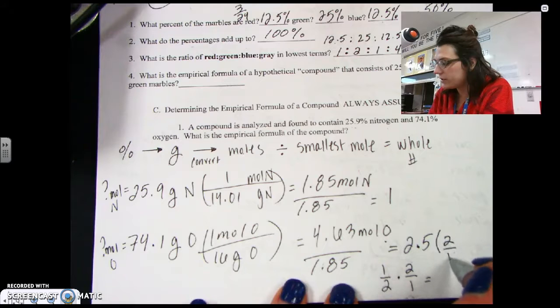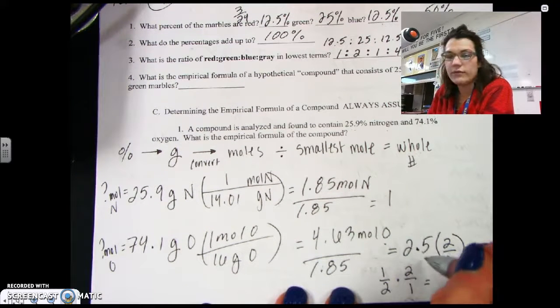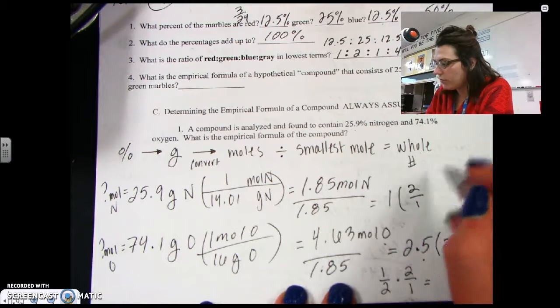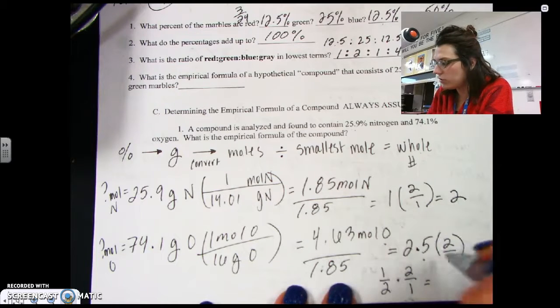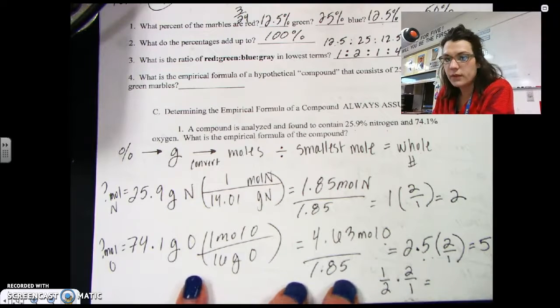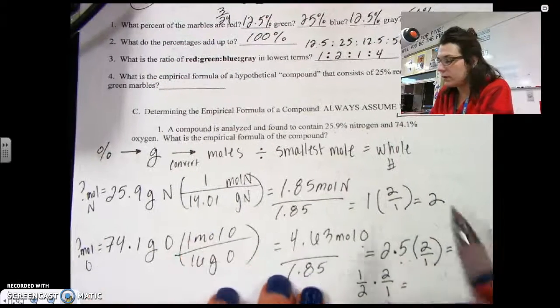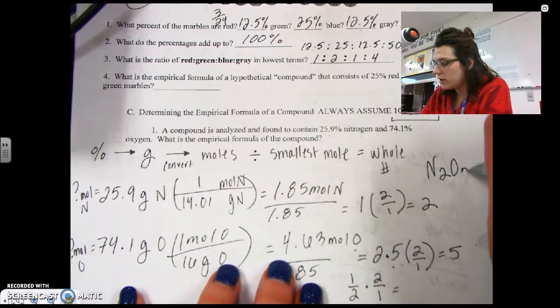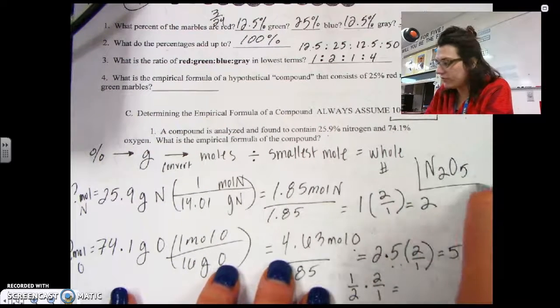I'm going to multiply this by 2/1, and whatever I do to one, I have to do to the other one. So this becomes 2, and this becomes 5. So with that being said, the empirical formula for this question is going to be N2O5, and that's your final answer.